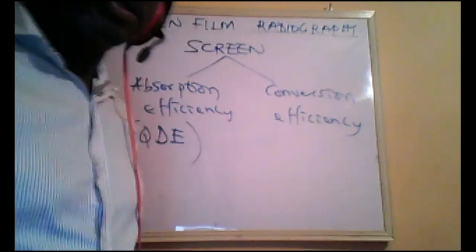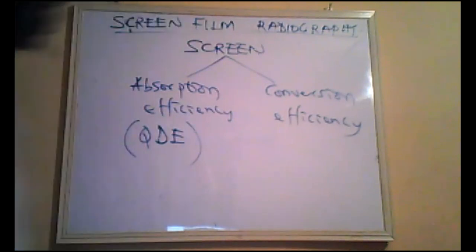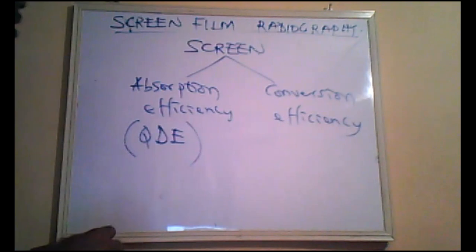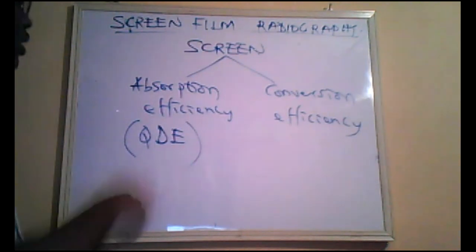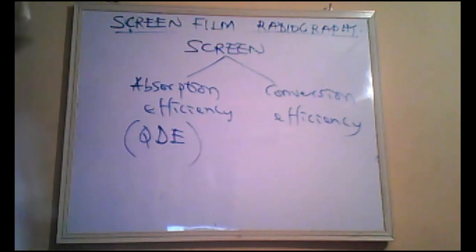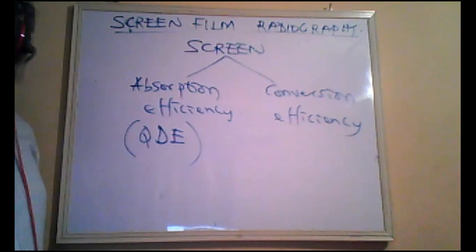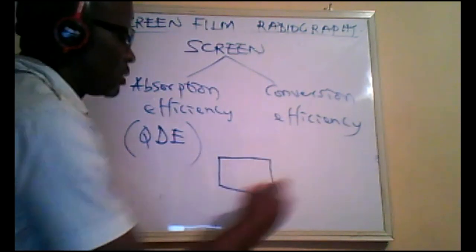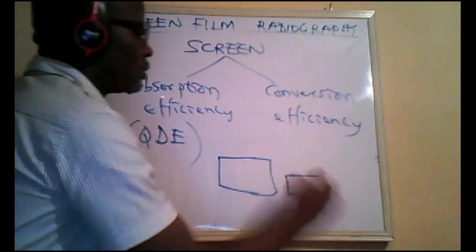Let me quickly explain. For you to have a good absorption efficiency, QDE, we differentiate between a thick screen and a thin screen. You can have a screen as thick as this and have another one not as thick.